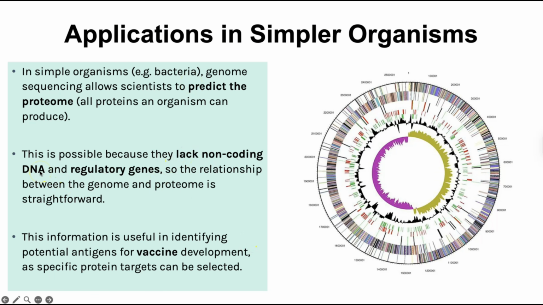They don't have any introns, they don't have other non-coding sequences, and also they don't have regulatory genes as well. So that means the relationship between the genome and the proteome is very straightforward, and it's very easy to predict all the proteins they'll potentially make. And this has been useful in identifying potential antigens that bacteria could make, and therefore making vaccines against those particular bacteria.